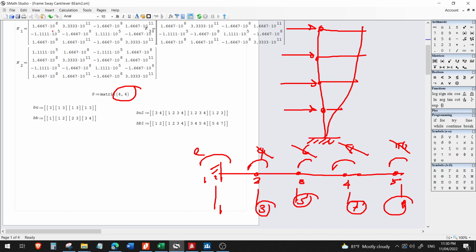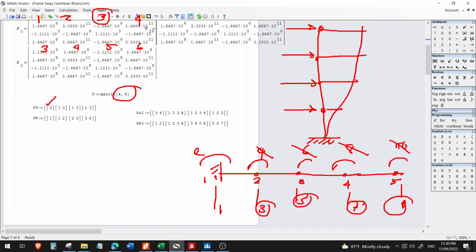Right? So, you can now imagine for K1, the code of K1 is 1, 2, 3, 4. The code of K2 is 3, 4, 5, 6. And what is activated in K1 is only 3. Only this. Right?